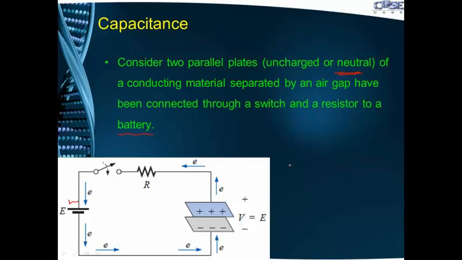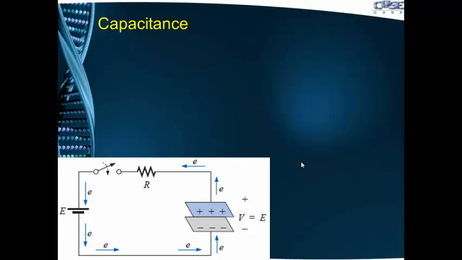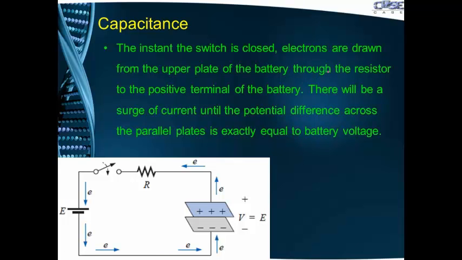the instant the switch is closed, electrons are drawn from the upper plate through the resistor to the positive terminal of the battery. When this switch is closed, this path is completed, and there is a chance for the free electrons in the upper plate of the capacitor to move.